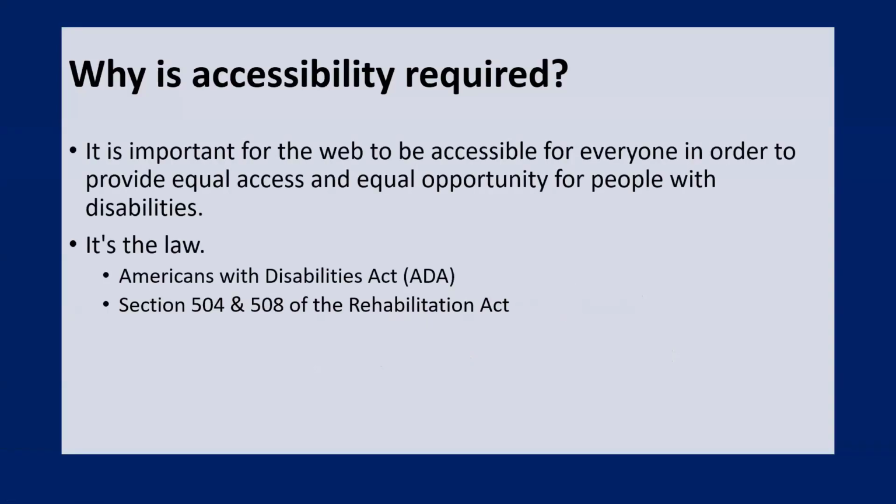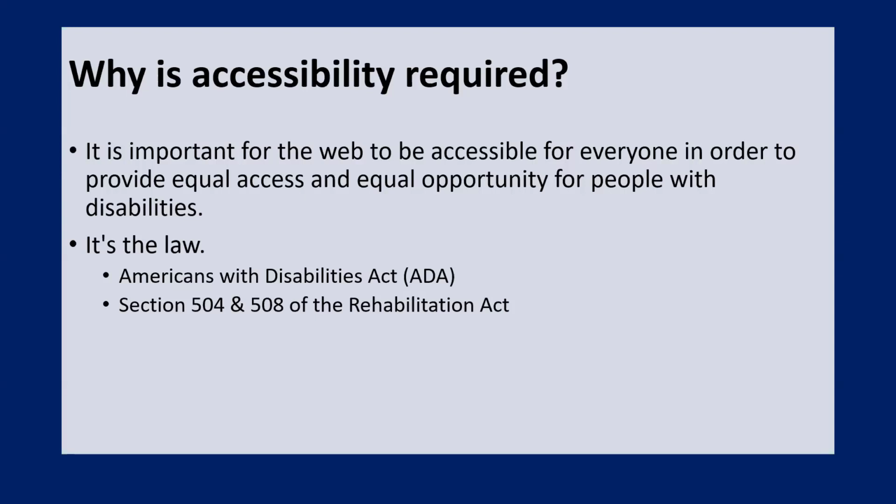So why is it important that we consider accessibility as we create our CalStateLA web pages? Well, as a state institution, we do have to abide by federal and state law for accessibility. Those big ones are the Americans with Disabilities Act from 1990, and we have Section 504 and 508 of the Rehabilitation Act of the 70s.